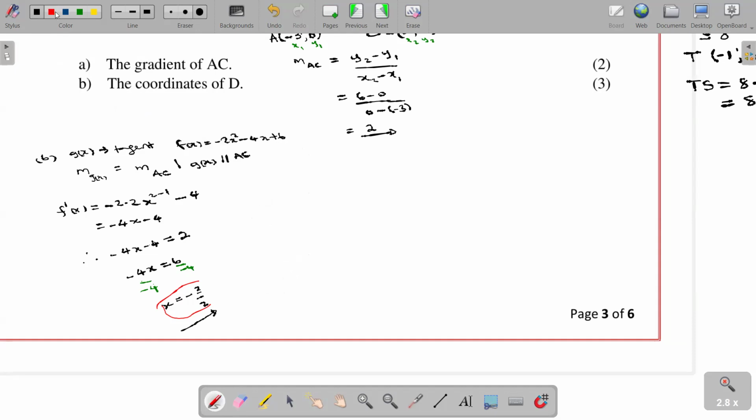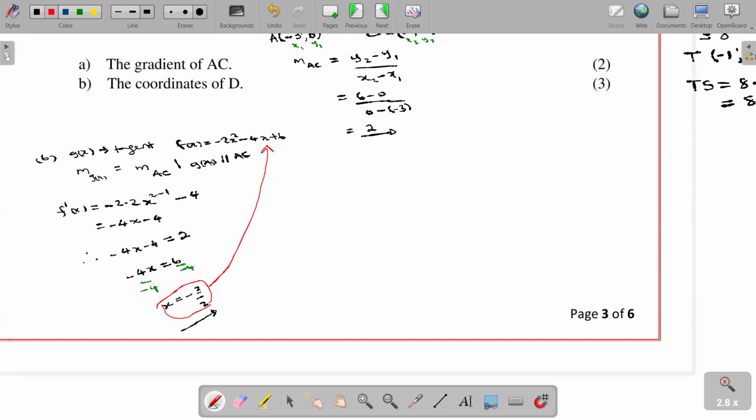So we're saying we substitute this value in that. So it therefore means, take note here, we get a negative 3 over 2. So you substitute that.